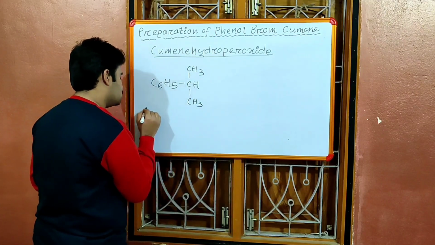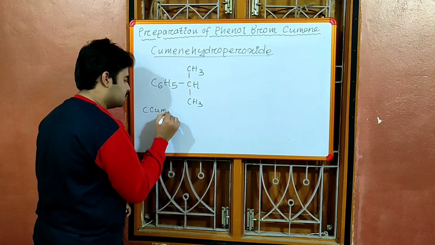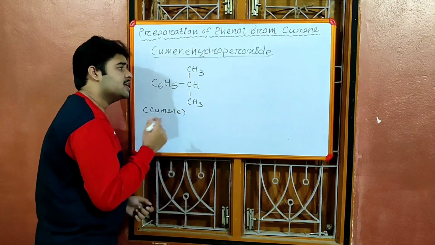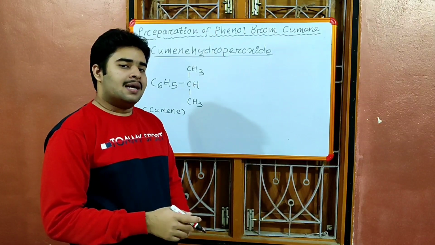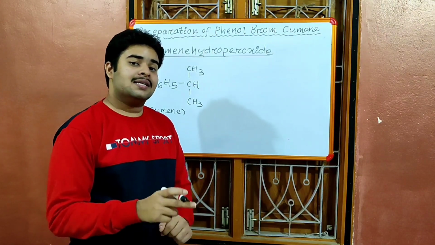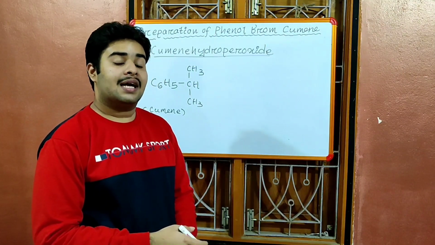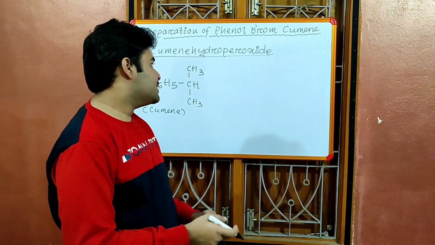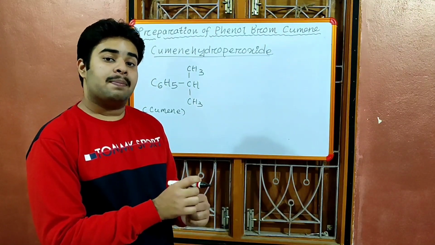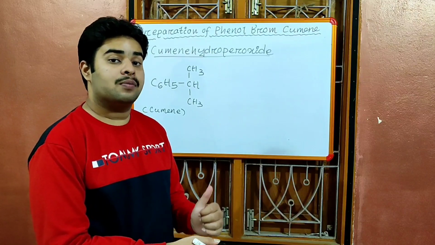Here is our cumene. As we have previously said, there is the presence of one free radical, that is one initiator which will initiate the preparation of cumene hydroperoxide from cumene.